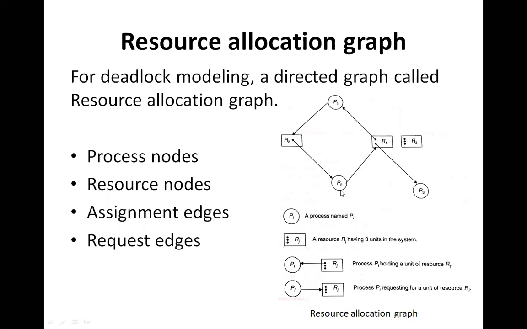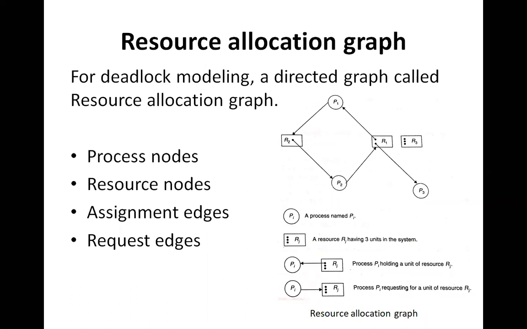There is another request edge from P2 to R1. Only two request edges are there, P1 to R2 and P2 to R1. And assignment edges are R2 to P2, R1 to P3, and R1 to P1. So this is the explanation of process node, resource node, assignment edges, and the request edges.